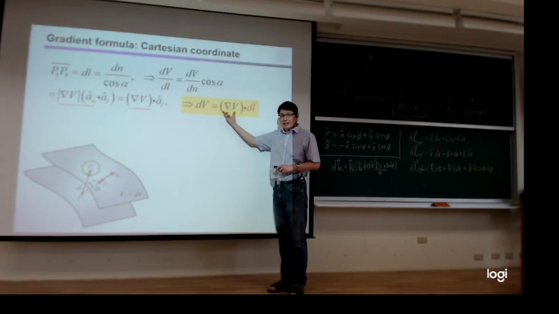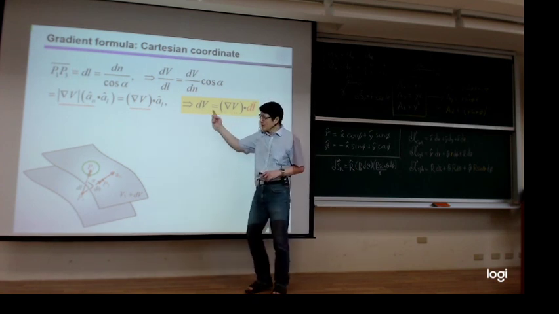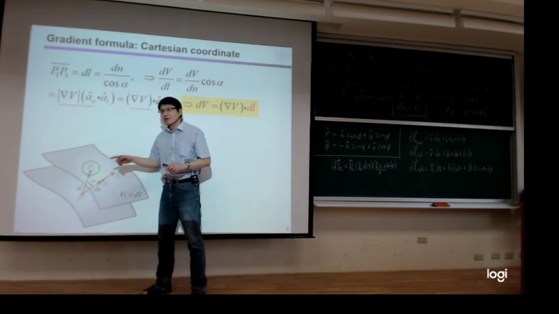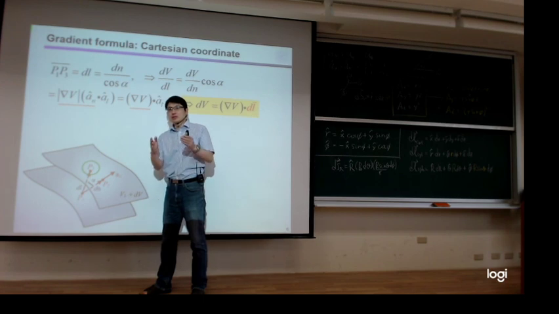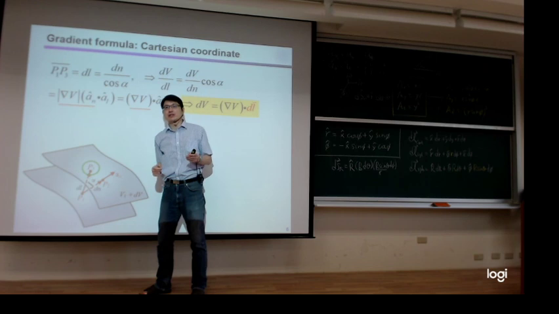Gradient of v tells me I can get the maximum amount of change in v along this particular path. But like you, students, when your parents tell you to do this, you don't want to do it. You want to choose another path, right?